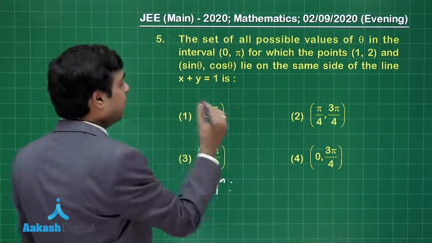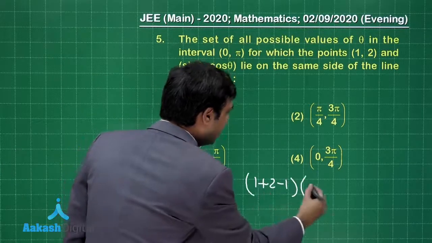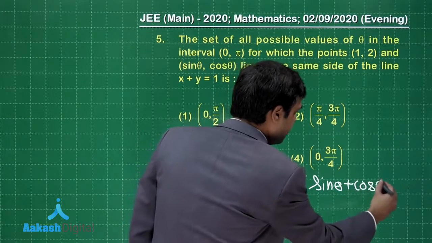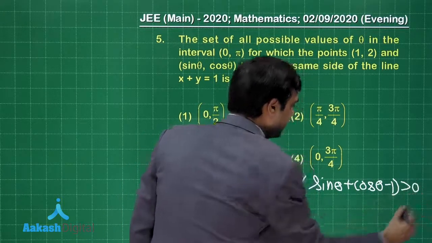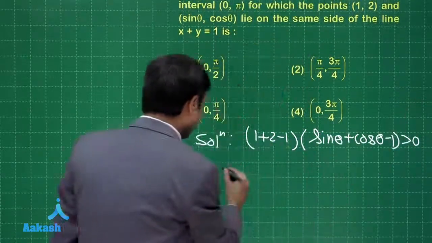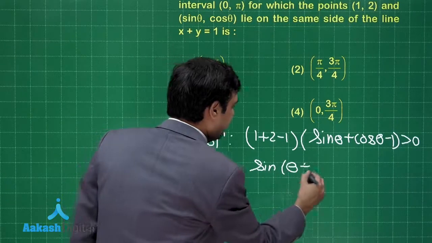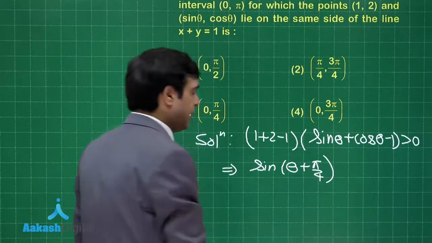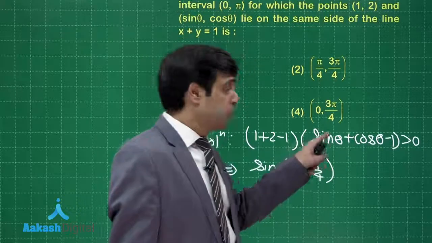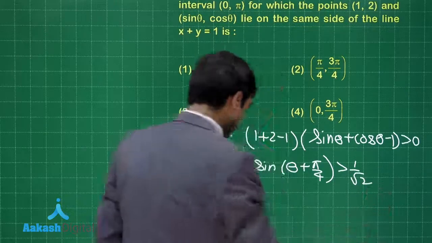If we put the first point 1, 2 here, we get 1 plus 2 minus 1 multiplied with sine theta plus cos theta minus 1, it should be greater than 0, right? So what we are getting, this gives you sine theta plus pi by 4 if we just divide by root 2 to the entire expression. So this goes to the other side, is greater than 1 by root 2.